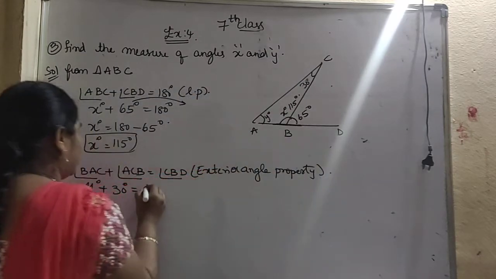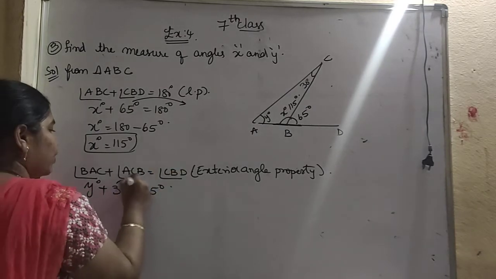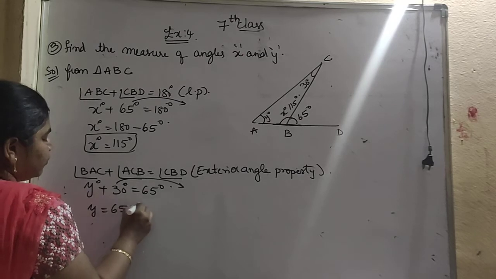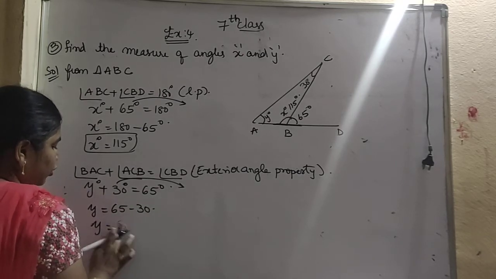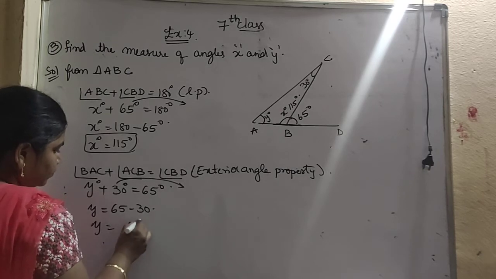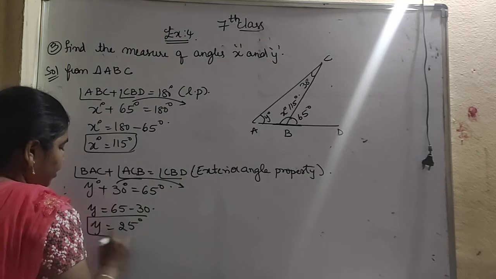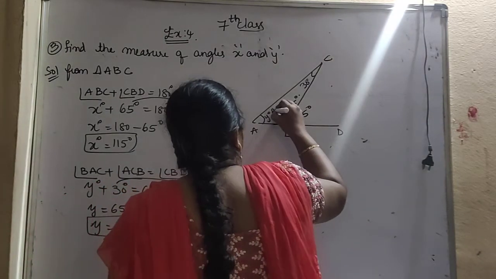CBD is 65. Okay. Now you transpose this 30 to the other side, that will become subtraction. Y is equal to 65 minus 30. So Y will be equal to how much? 35 degrees. So Y value we got as 35.